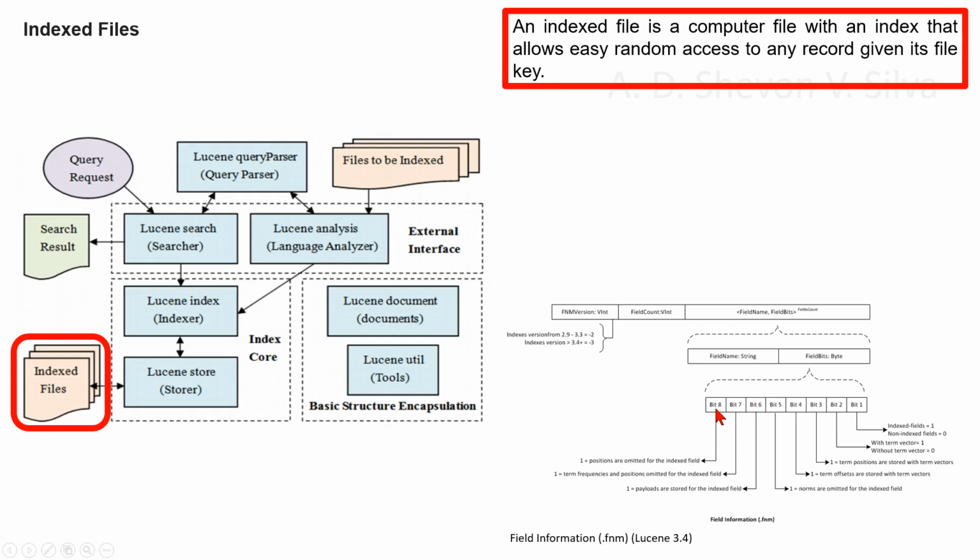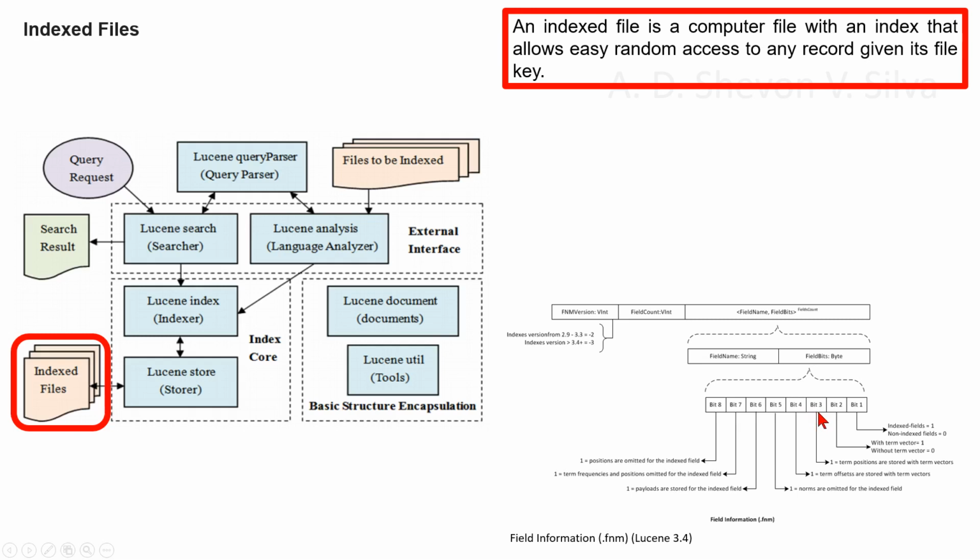Bit 8, 1 equals positions are omitted for the indexed field. Bit 7, 1 equals term frequencies and positions are omitted for the indexed field. Bit 6, 1 equals payloads are stored for the indexed field. Bit 5, 1 equals norms are omitted for the indexed field. Bit 4, 1 equals term offsets are stored with the term vectors.